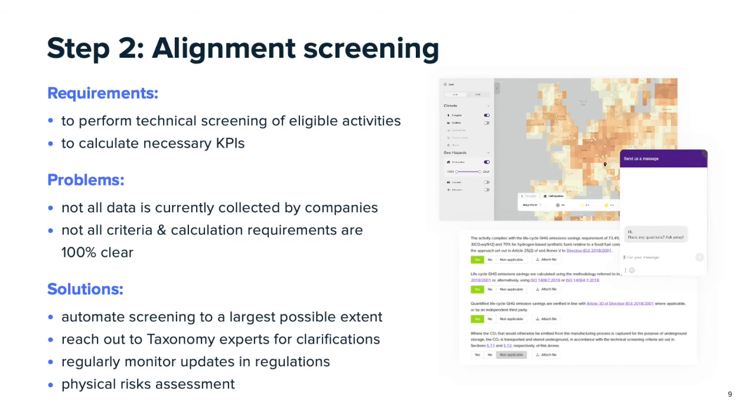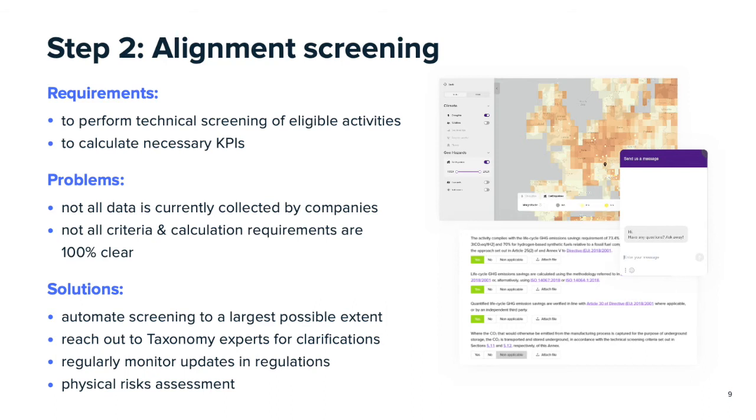In many cases, they just didn't need this information. It was not in previous non-financial reporting standards and so on. Then the problem is that not all criteria are 100% clear, like with DNSH, for example. There are many qualitative questions that are hard to interpret.